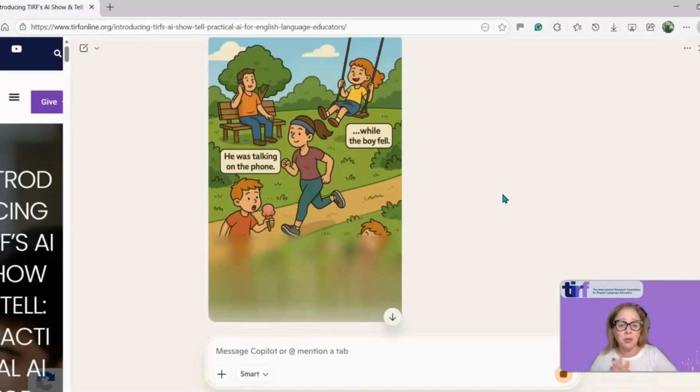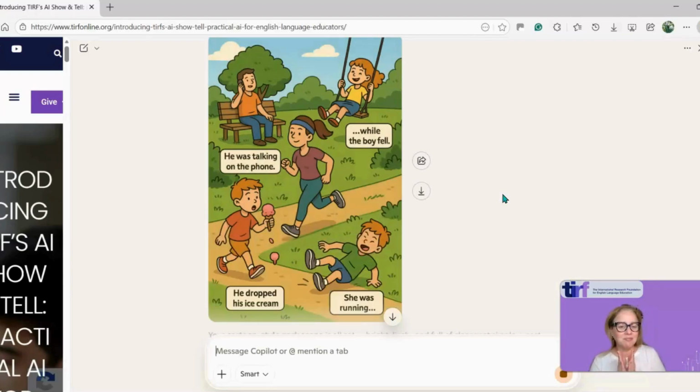So, perfect picture. He was talking on the phone while the boy fell. Would this make sense? While the boy fell. You see, when I was talking about mistakes, the second he dropped his ice cream while the boy fell, he was talking on the phone, she was running.